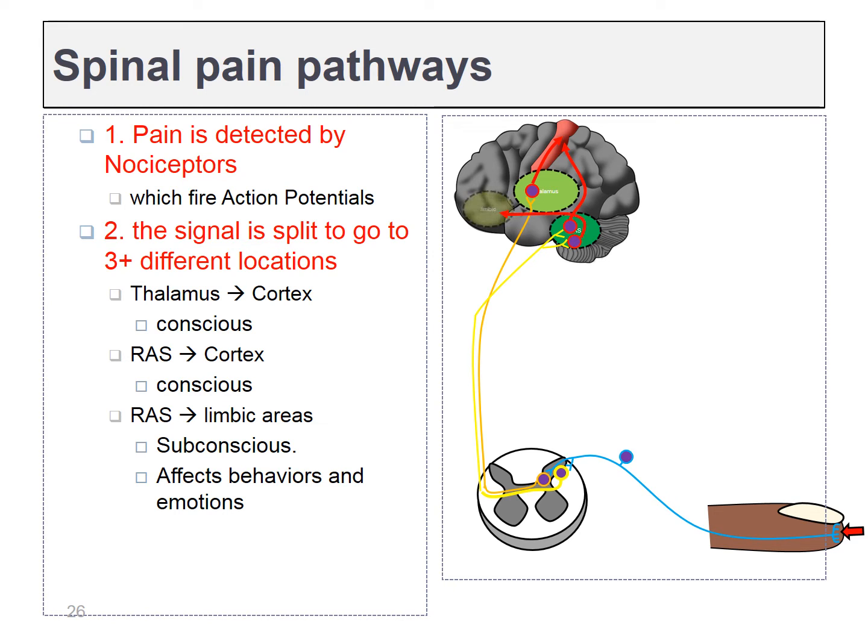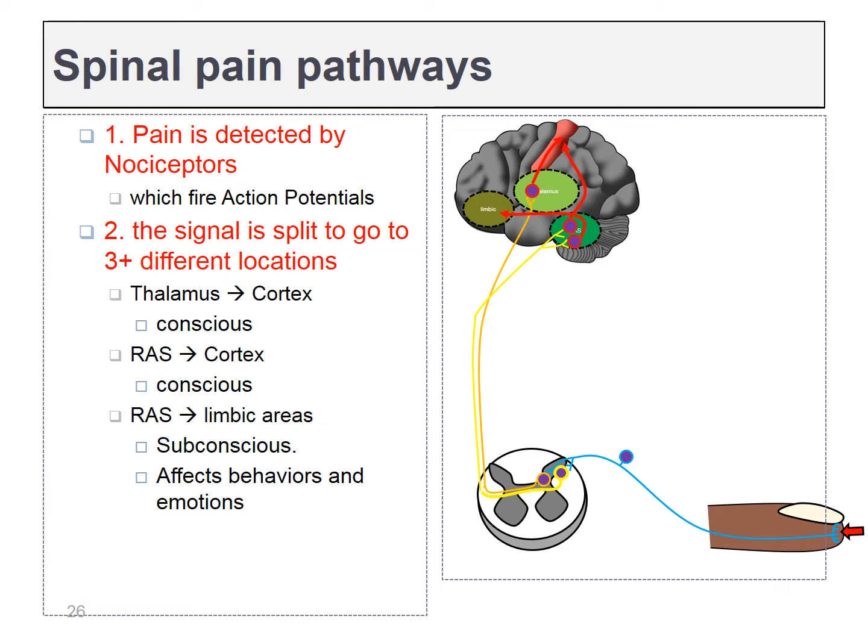It turns out this information from the reticular activating system could go to the limbic system, meaning to subconscious parts of our brain. So it's possible that you may not even be aware of a painful stimulus, but it could be affecting your emotions. Or you could be very well aware of the pain and it's affecting your emotions. You're in a bad mood now.